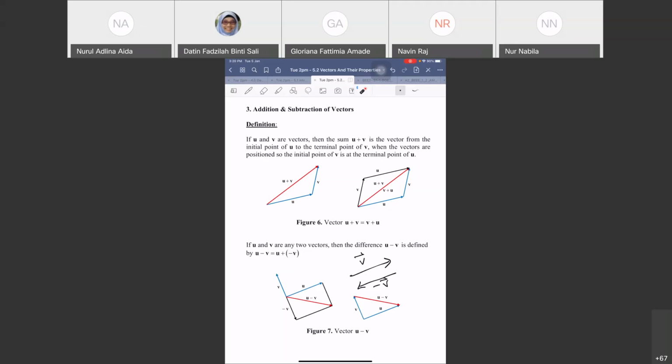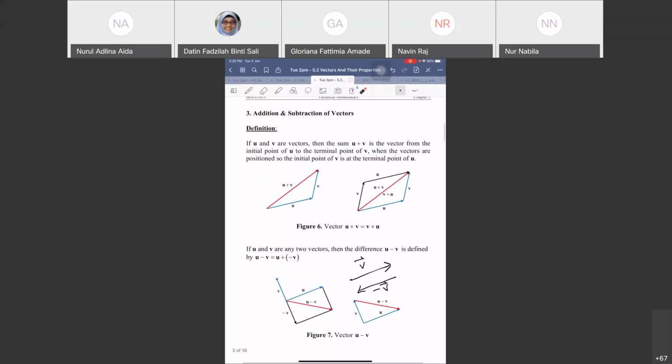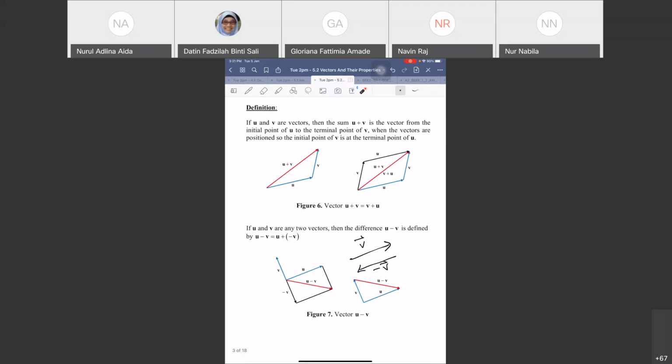And subtraction is basically the same as addition. We can look at it in terms of addition: U minus V is the same as U plus negative V. If this is your vector V going in this direction, negative V is the opposite direction.